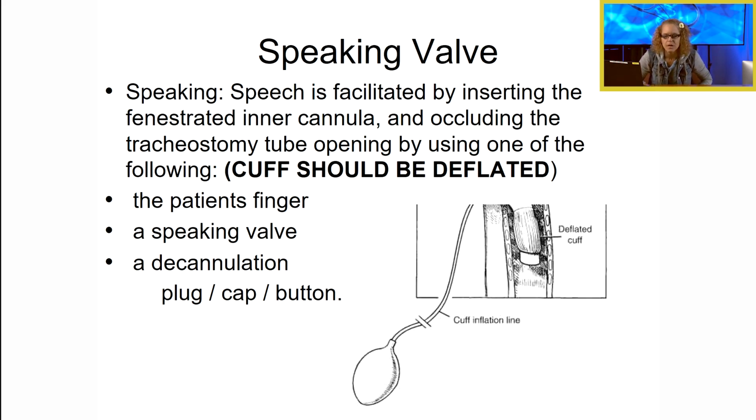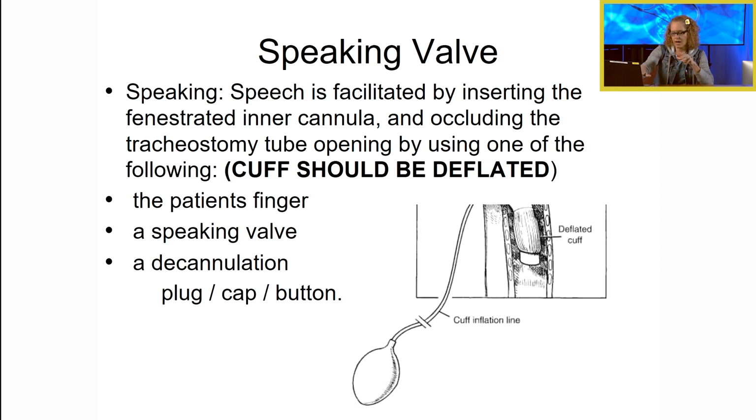So speaking. A speaking valve can be used by inserting the fenestrated inner cannula and occluding the tracheostomy tube opening by using one of the following: either the patient's finger, a speaking valve, or the plug, cap, or the button. All right, so here we can see the cuff sitting inside the trachea, and we can see that the cuff is deflated.